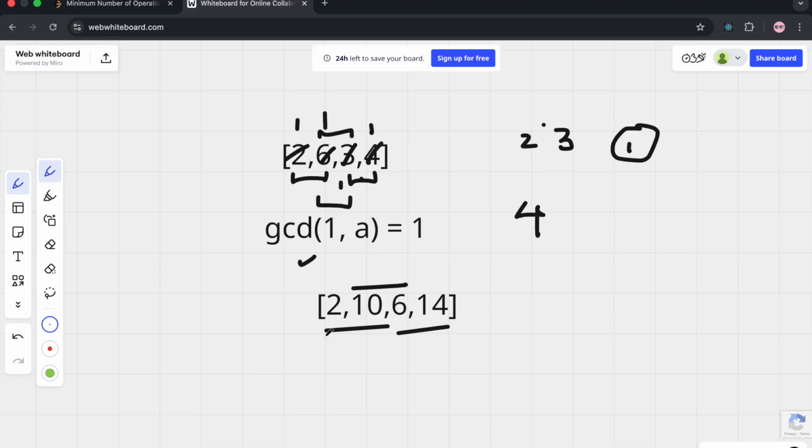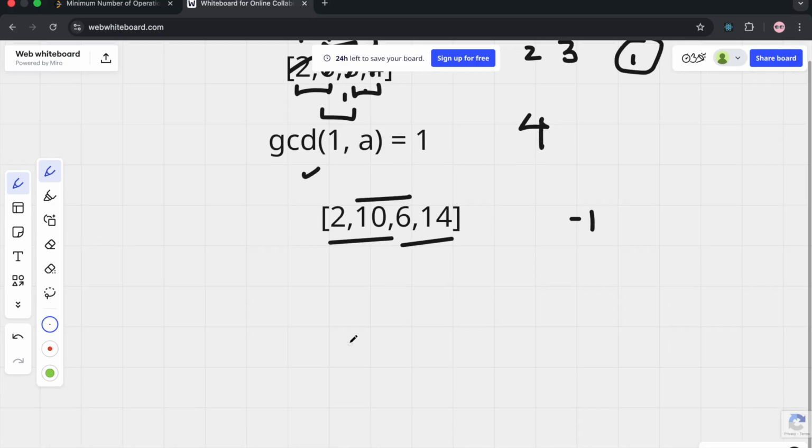So we did not get any value to 1, so we are not able to make it 1. That's why it becomes minus 1, because if we are not getting 1 in the array by any of the GCDs, then we are not able to convert it. That's why it's minus 1, right?